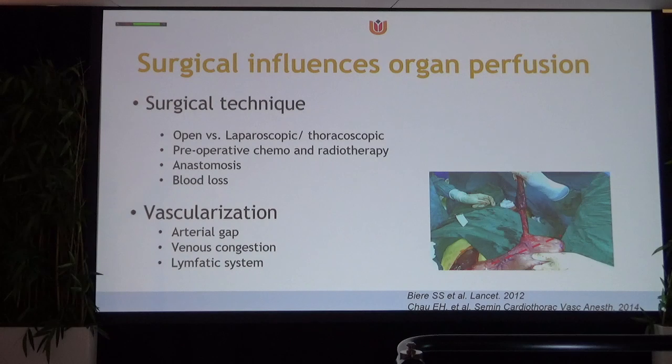But mind you, the surgeon also influences organ perfusion, based on their surgical technique, open versus laparoscopic surgery, by having the patient receive chemo or radiotherapy, by putting in an anastomosis in an organ like the esophagus, and by inducing blood loss.